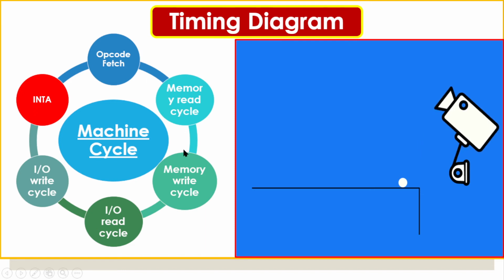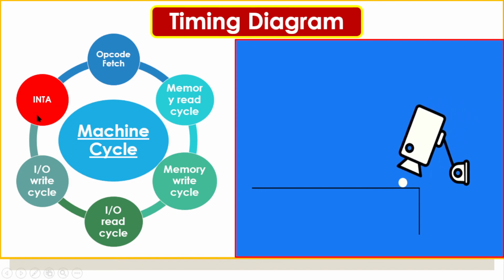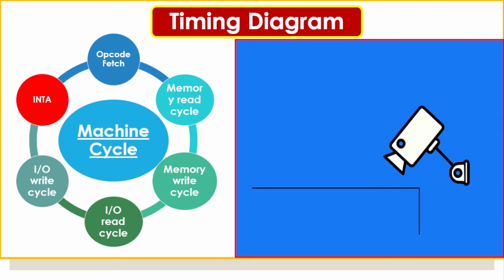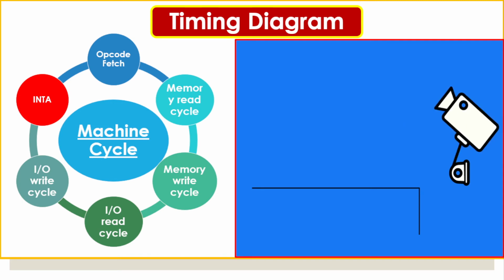These functions are decided based on the instruction. One instruction may have multiple machine cycles, not all, but some machine cycles contribute to one instruction. Then a few instructions contribute to a program, which is a particular task. Then a few programs are combinedly used to execute an application.